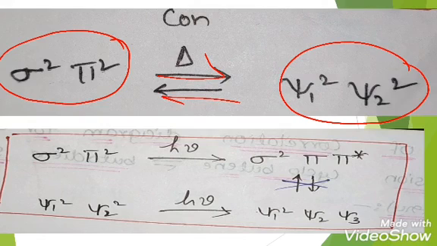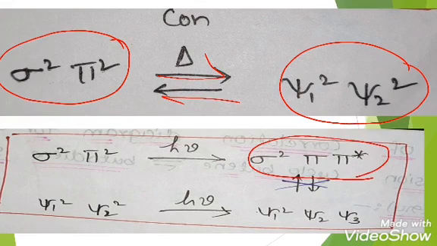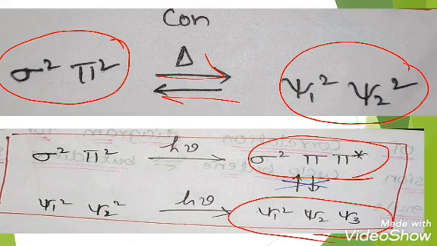What I am saying is, the first excited state of cyclobutene correlates with the upper excited state of the butadiene system.